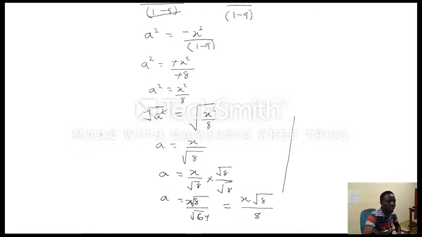So finally we have a to be equal to x root 8 over 8.